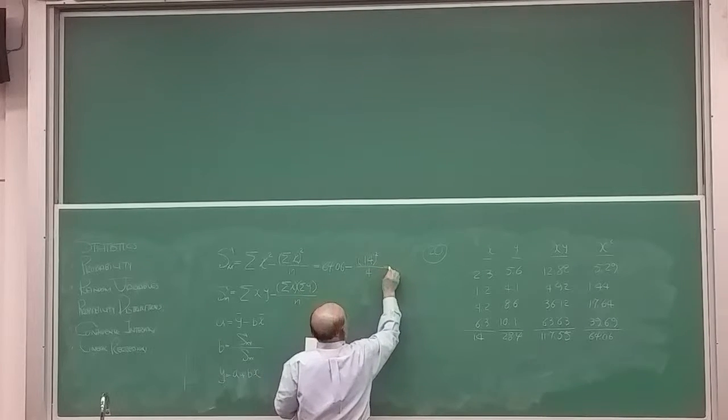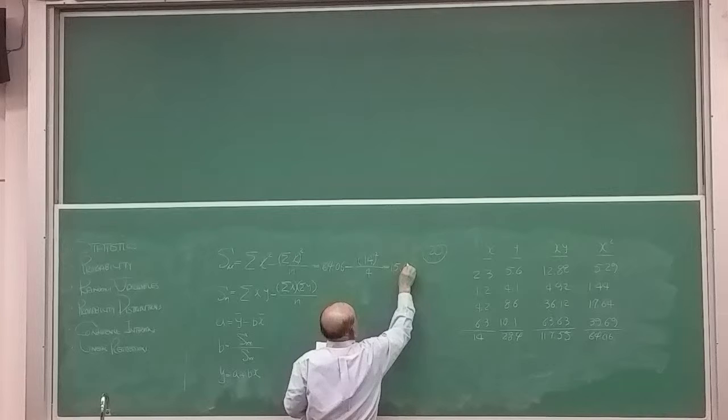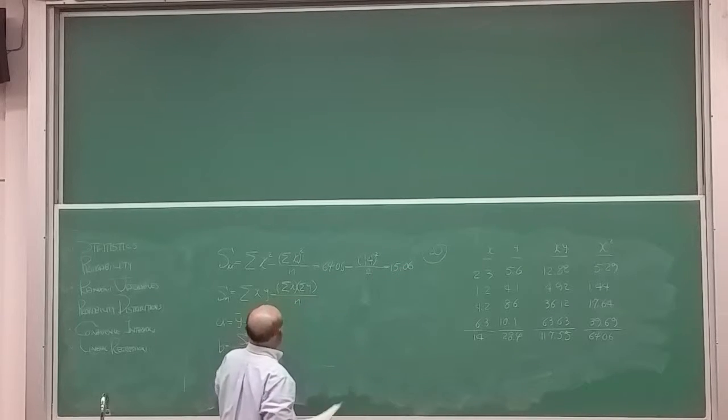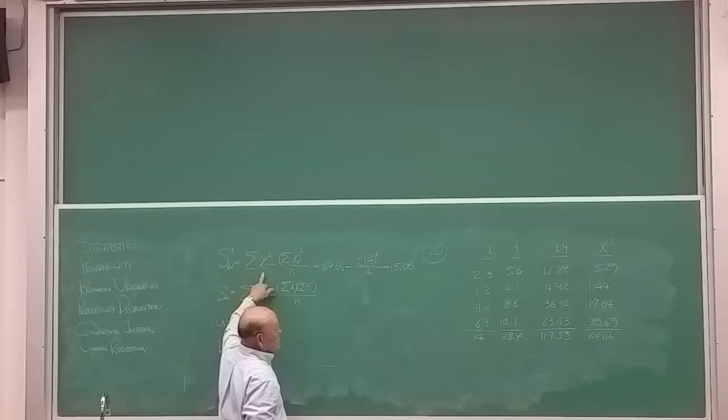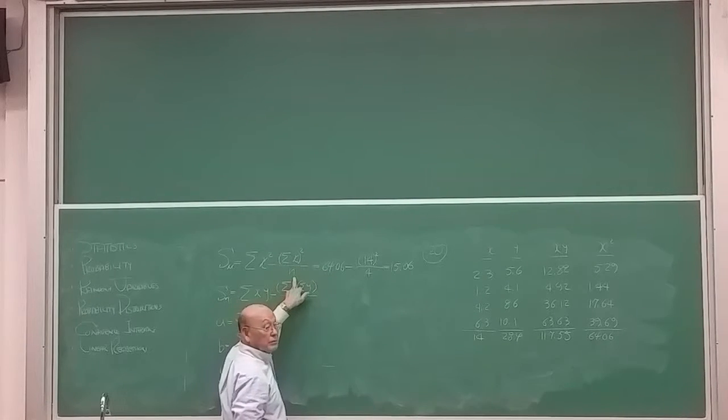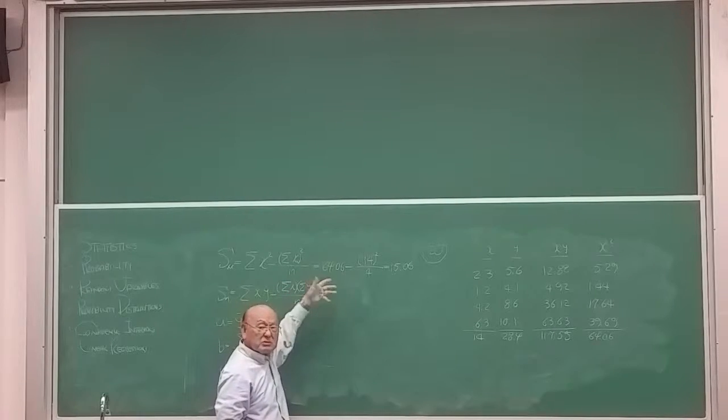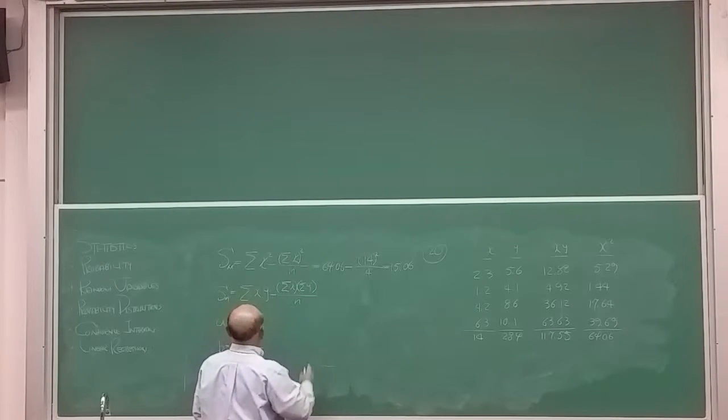So I get 15.06. That is summation of the squares. Summation of x is 14 and square it divided by 4. I'm just plugging them in.